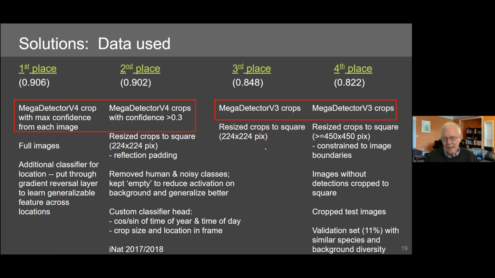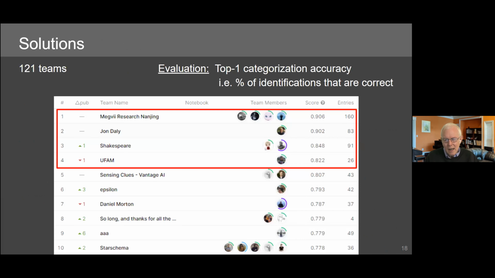Just before you jump into that, if you could go back to the last slide for a second, as someone who's seen a lot of Kaggle competitions, the top 1 categorization accuracy of 90% seems amazingly good. If these people hadn't published their solutions, I would be suspicious. And also the fact that when you get past the first 2, you drop from 90% to 85%.